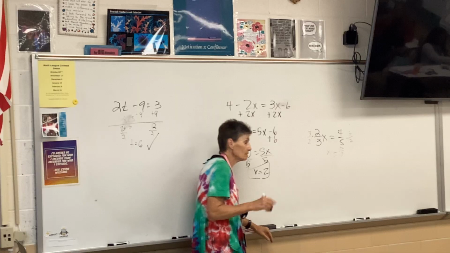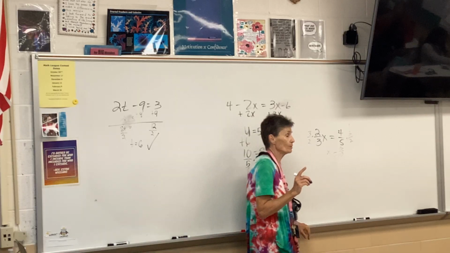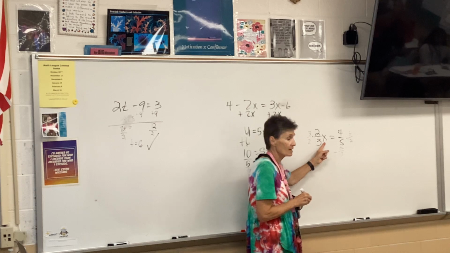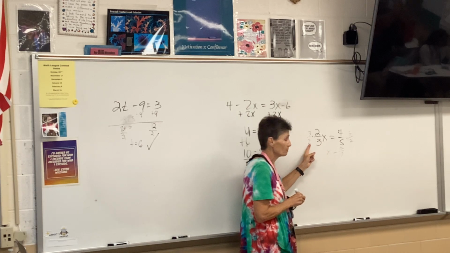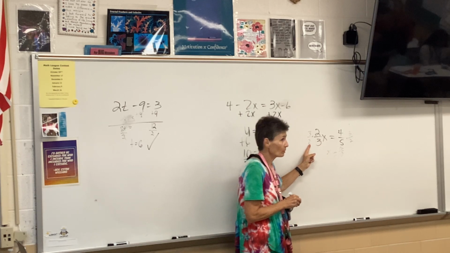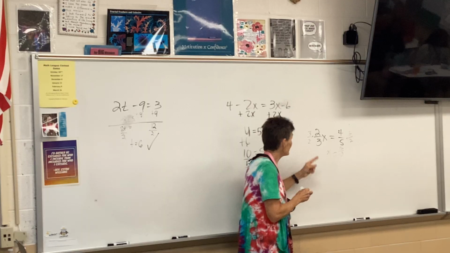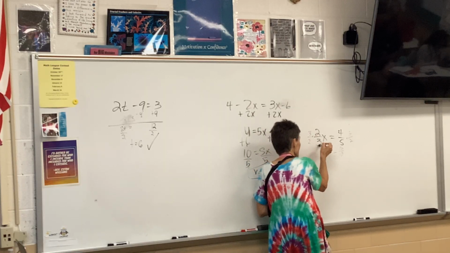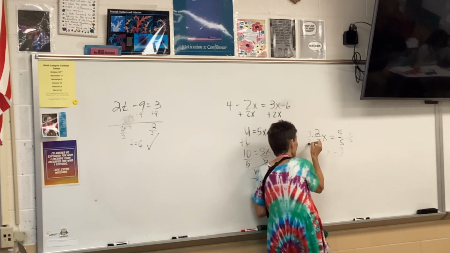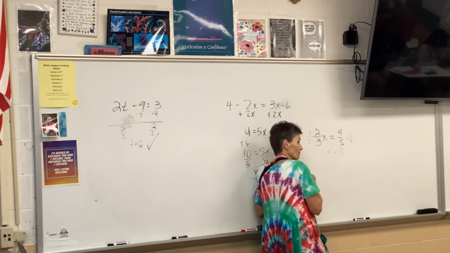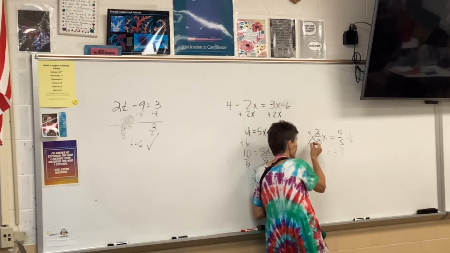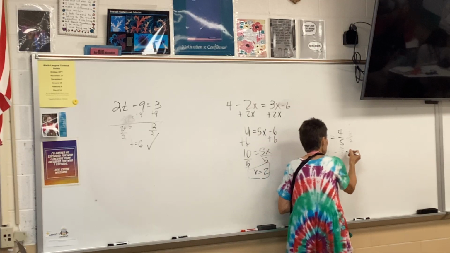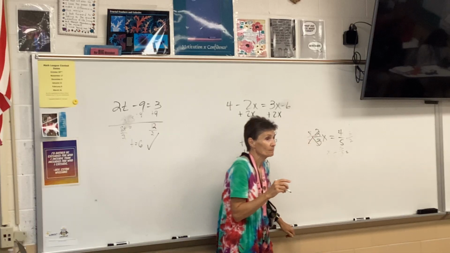And then, I knew Ellis could do it. He did a great job. He said, okay, I gotta get x by itself, so I'm gonna multiply by the reciprocal. Because what happens when we multiply, that's a 2/3 right there. What happens when we multiply it by 3/2? Don't those cancel? And he's just left with x equals, now he said 12/10.